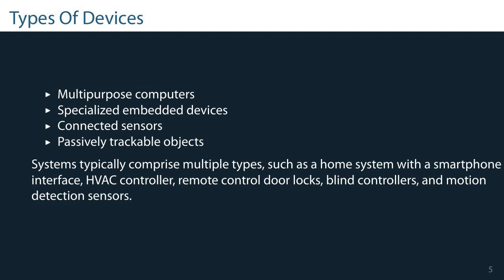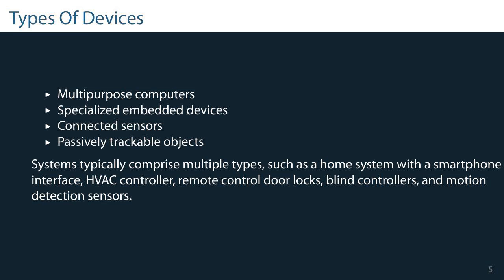Different types of devices are relevant to the Internet, including multipurpose computers, which was the original device connected to the Internet, specialized embedded devices, connected sensors and actuators, and passively trackable objects. And most systems, a complete system, comprises multiple types.